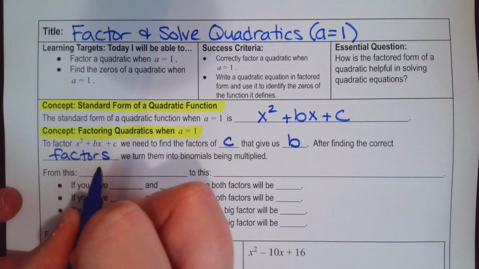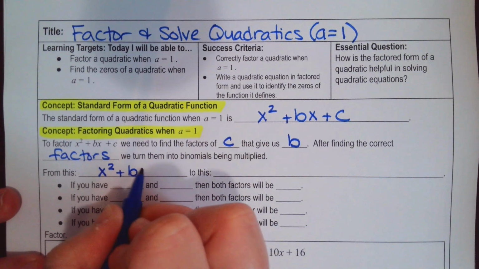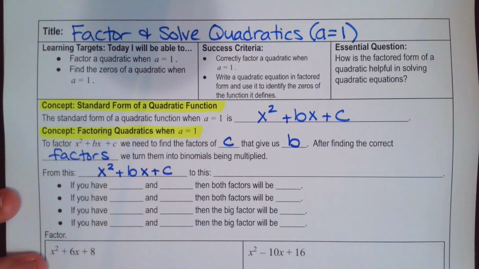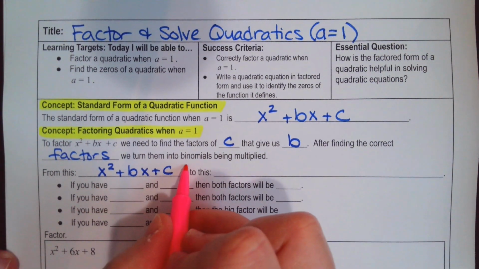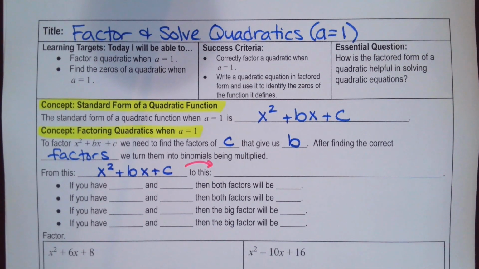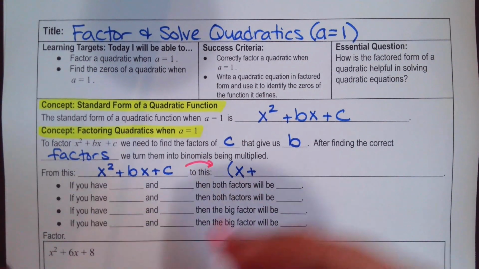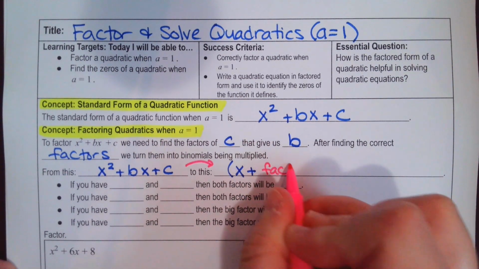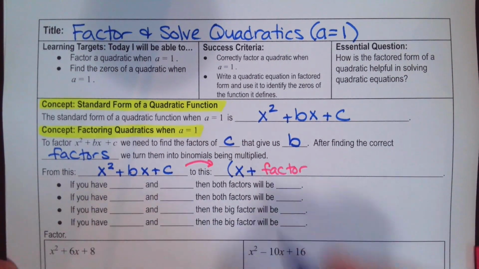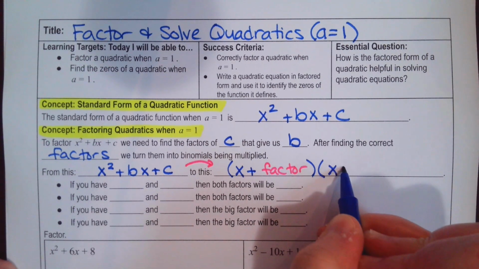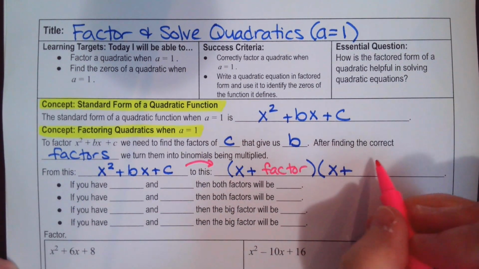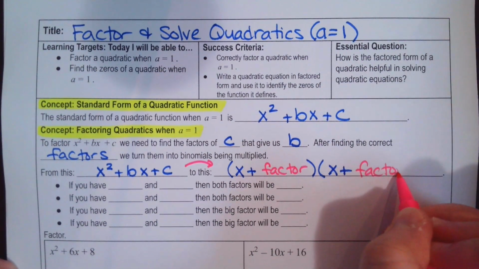So we're going to go from this, x squared plus bx plus c, to this: x plus a factor times x plus our second factor.